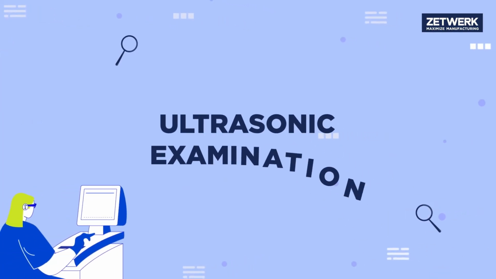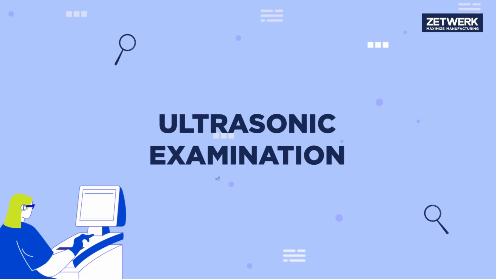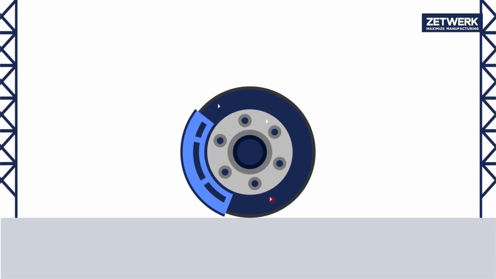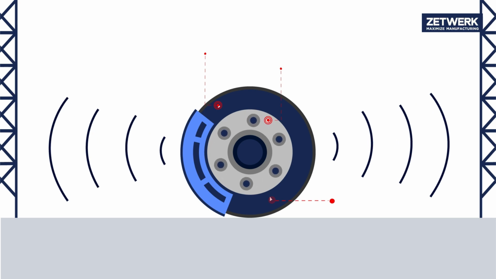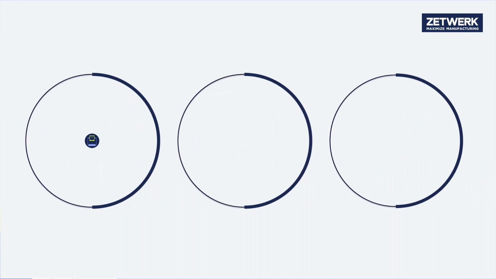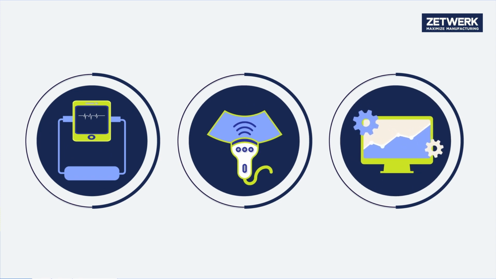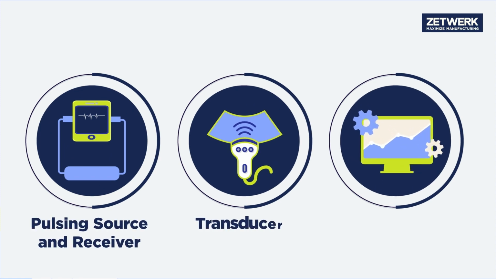Ultrasonic examination as an approach not only determines inconsistencies in the component, it also points out the size and location of the said inconsistencies using high-frequency sound waves. There are three main components to ultrasonic examination: a pulsing source and receiver, a transducer, and a data visualization mode.